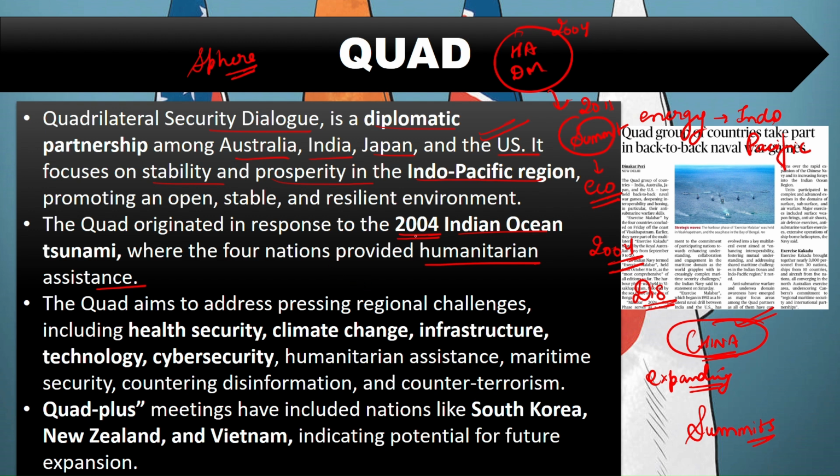It originated in 2004, the Indian Ocean tsunami, where the 4 nations provided humanitarian assistance and they came along. The aim is to address pressing regional challenges including health security, climate change, infrastructure, technology, cybersecurity, humanitarian assistance, maritime security, countering disinformation and counter-terrorism. So all of these things have now come up as the main aim of this particular organization.